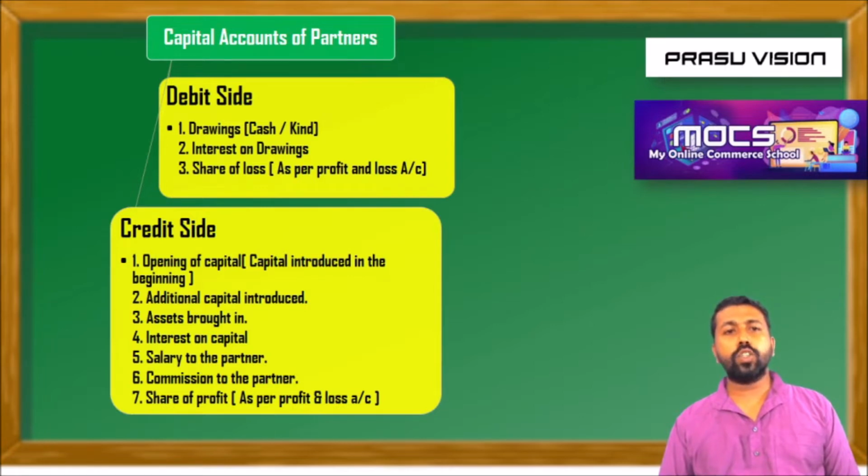So normally two items come on the capital account of partners. We will learn the capital account in detail, with lots of adjustments, when we start the preparation of final accounts of partners. But in basic format, drawings and interest on drawings come on the debit side.